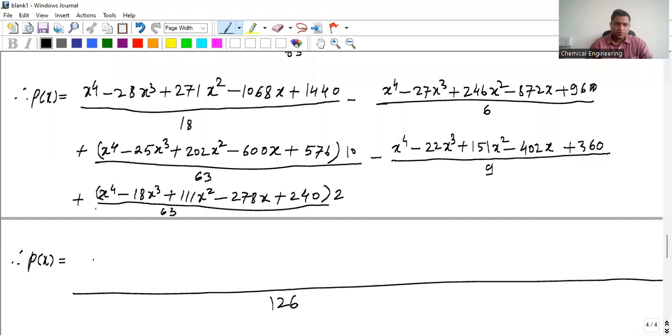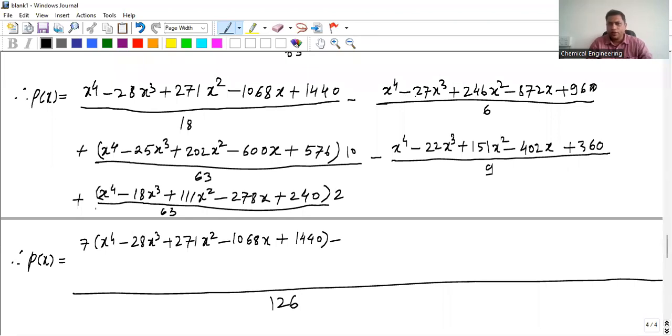So 7 times x raised to 4. Right here, this is 7 times x raised to 4 minus 28x cubed plus 271x square minus 1068x plus 1440 minus.